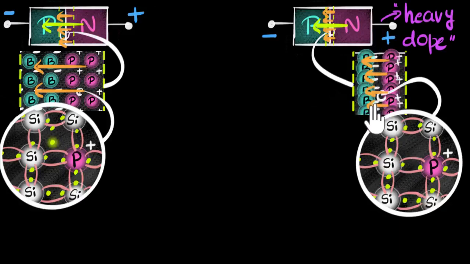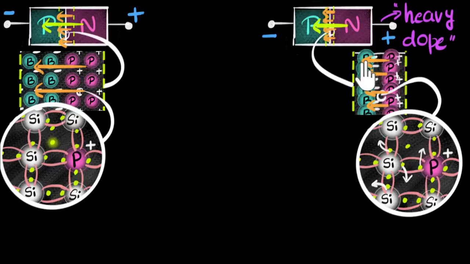Because the electric field over here is so incredibly strong, that electric field itself is able to pull these electrons out of the covalent bond. So it's the electric field that removes the electrons from their covalent bonds, even at low voltages, because of the strong electric field. We'll talk a little bit about why this happens later on.